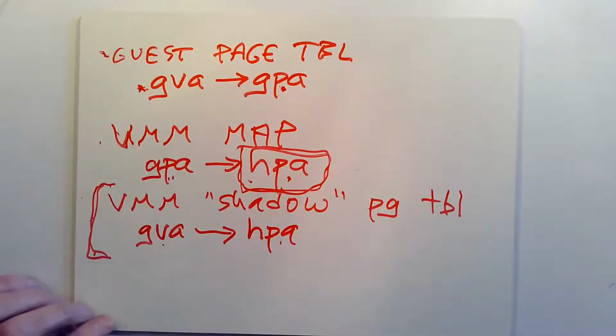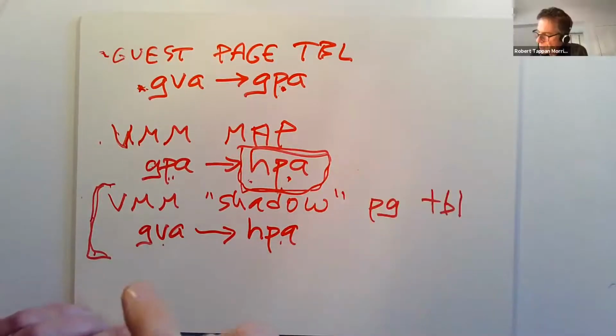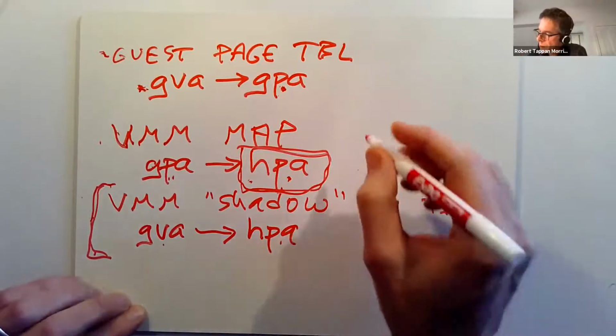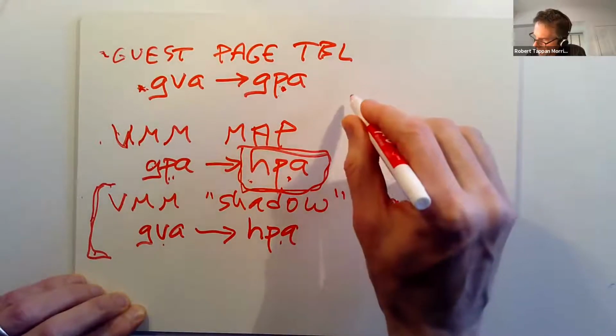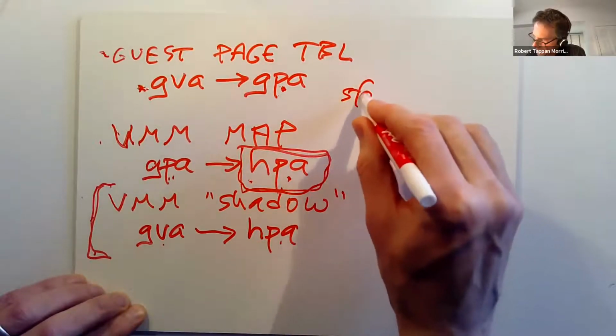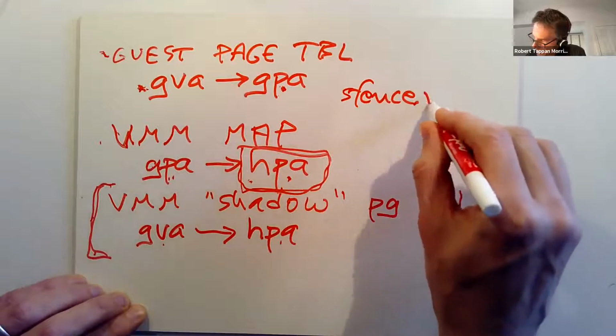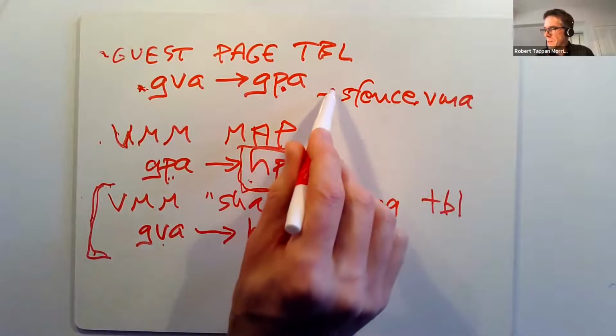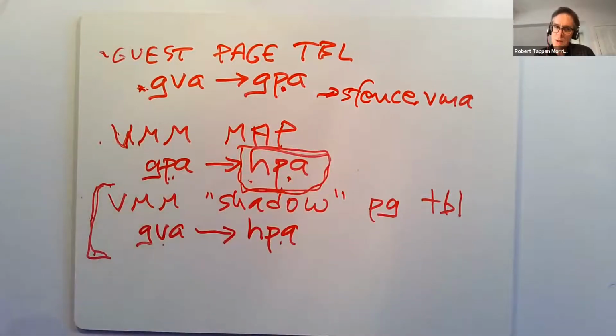Instead, the manual says that if you modify page table entries and you want the hardware, the MMU, to see them, you have to execute the sfence.vma instruction. Only this instruction causes the hardware to pay attention to your page table modifications. So a virtual machine monitor on RISC-V can completely ignore the guest's modifications to page table entries.